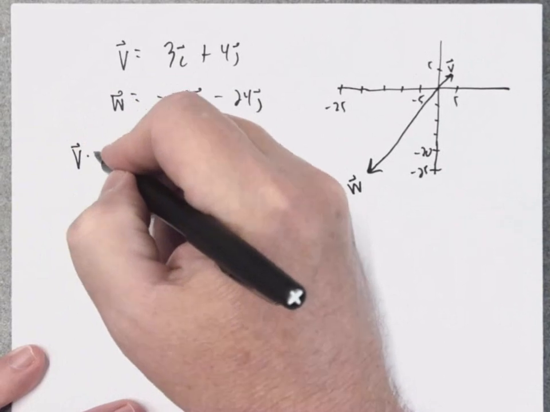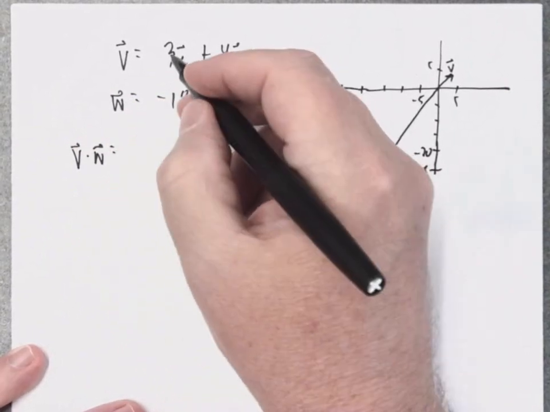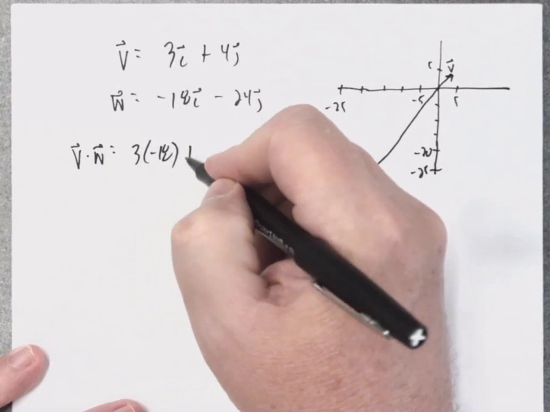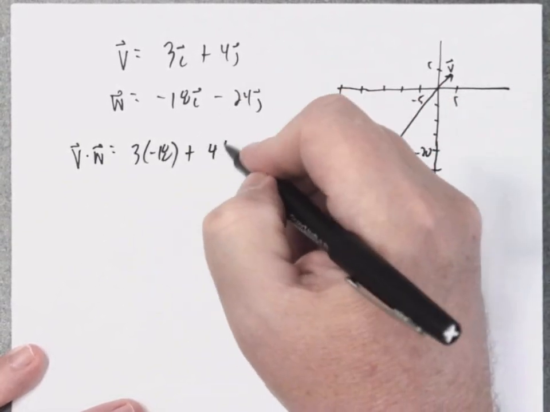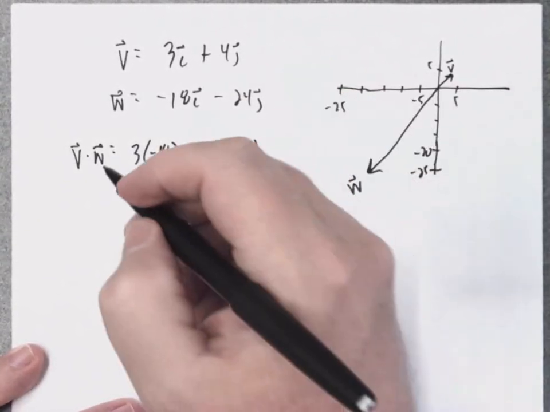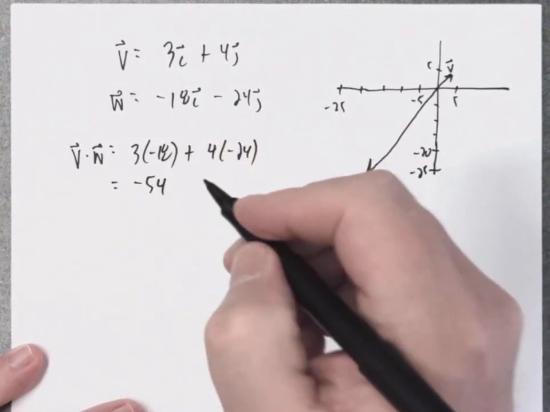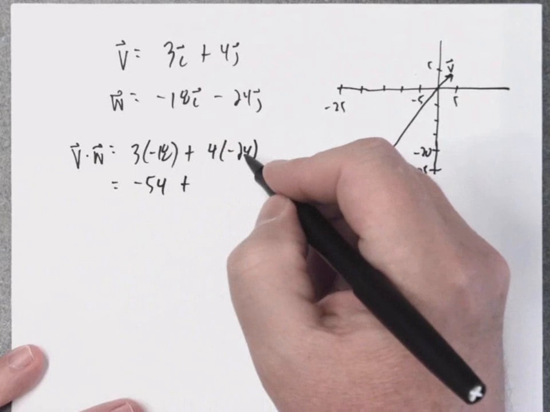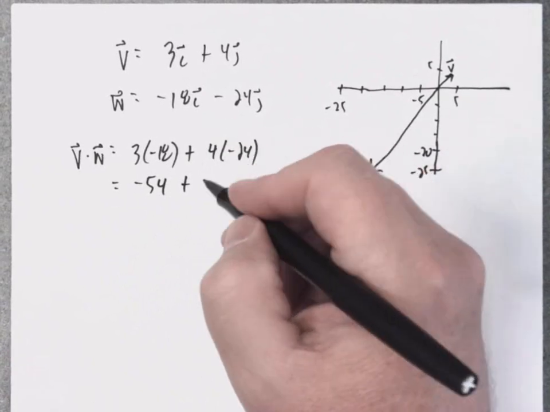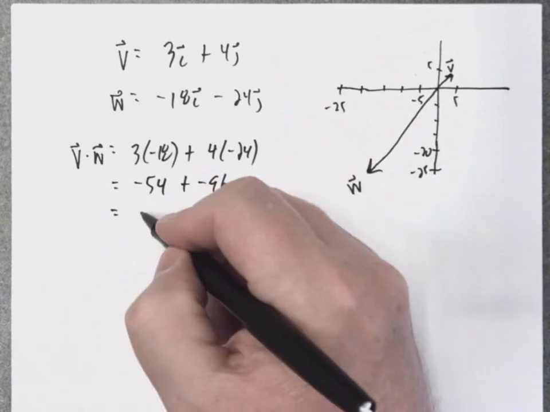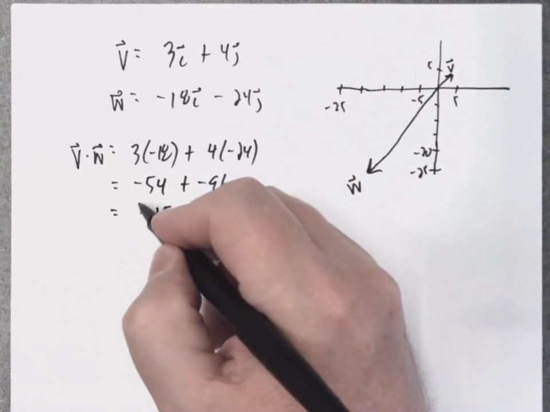So the dot product: multiply the i parts, 3 times -18, and you add the product of the j parts. These are actually pretty big numbers. -54, this is 80 plus 16, I think, -96. So actually -150. Wow.